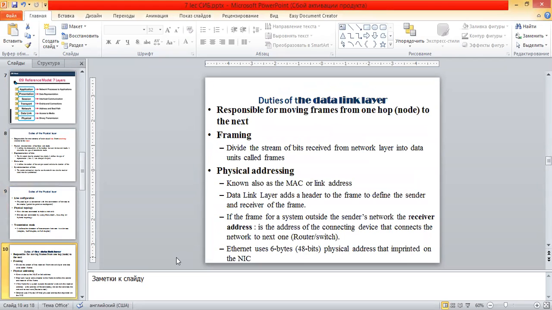Next layer is data link layer. Data link layer attempts to provide a reliable communication over the physical layer interface.